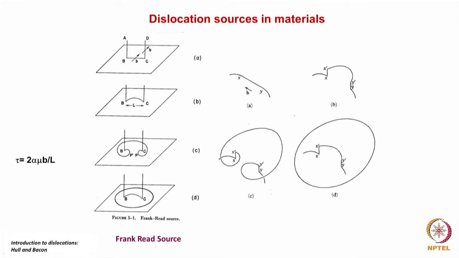Now these two ends can act essentially as pinning centers. The stress is less for the dislocation to move. This can again act like a Frank-Read source and generate dislocation loops, okay. This is found to be one of the main ways in which more and more dislocations could be generated in the material very easily.